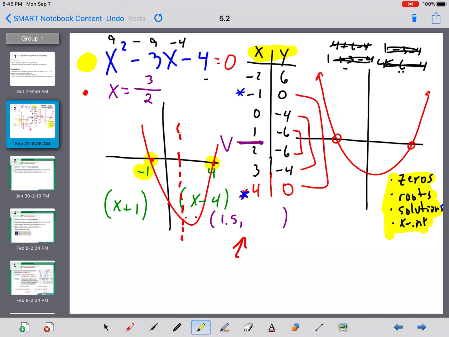Now what we saw and talked about in Algebra 1 is then x opposite sign of the -1 is a factor, and x opposite sign of the +4 is a factor. So hopefully you see that these two things here are factors of the original trinomial. We just did factoring as a review.